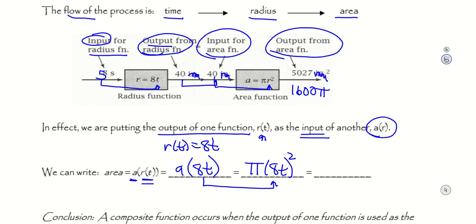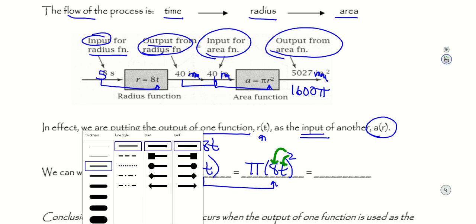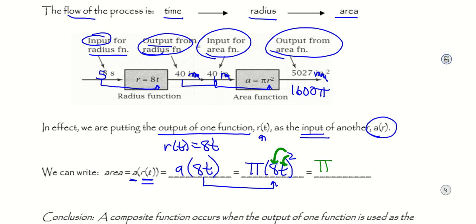Using order of operations, we can simplify that. We can take this exponent and distribute it to the 8 and the t, and we get pi times 8 squared, which is 64, times t squared, or 64 pi t squared.